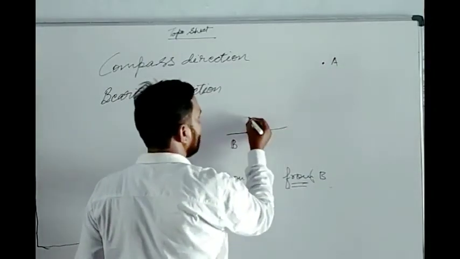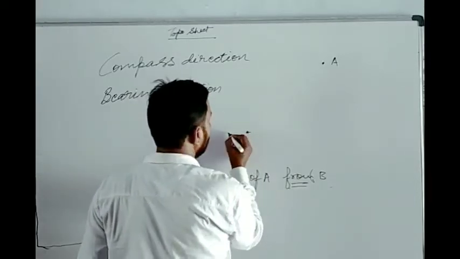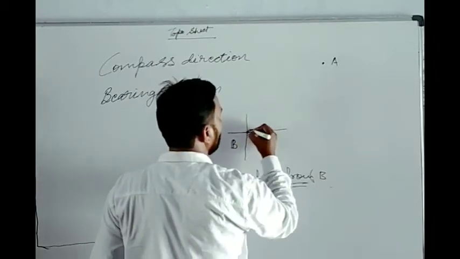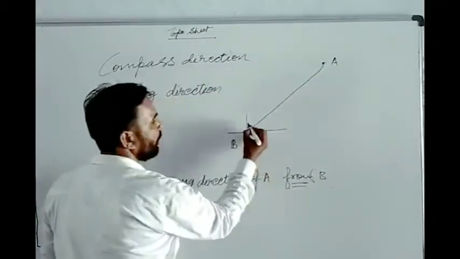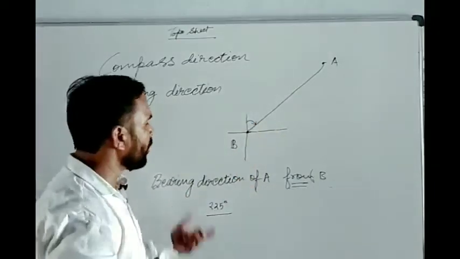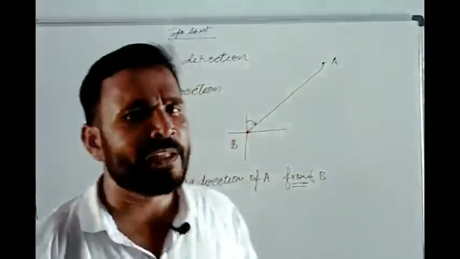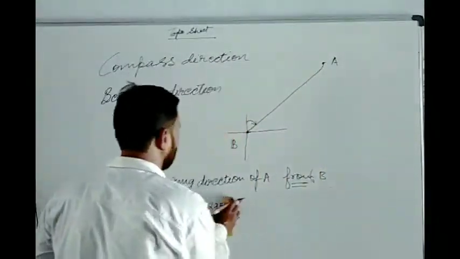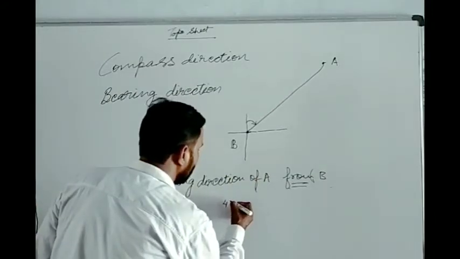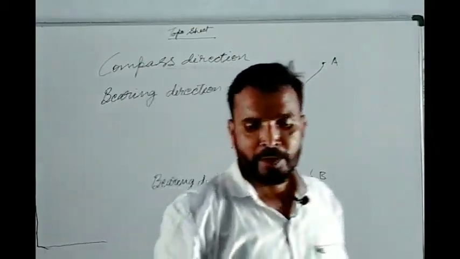Now we will make the plus sign here, and then after making the plus sign, we will join these two, and then from here we have to measure the angle. Suppose this angle is coming 45. With the help of a protractor you can measure the angle, and whatever angle is coming, the angular distance, we have to write 45 degrees.